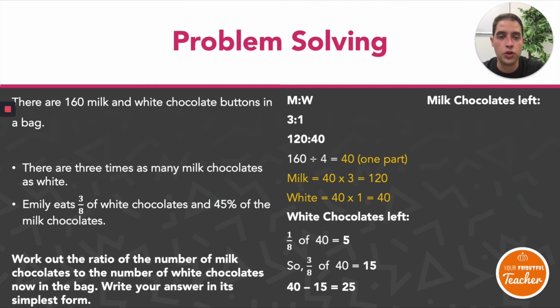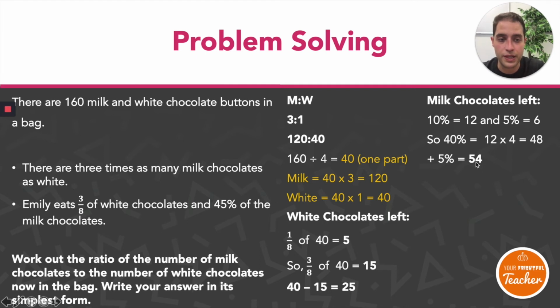So what about milk chocolates? We know that they have 120. I'm going to work out 10%, my trusted way of doing it. So 10% of 120 is 12 and 5% is 6. So 40% is 12 times 4, which is 48, plus the 5% is 54. Yeah? So 48 plus the 5%, which we know is 6, is 54.